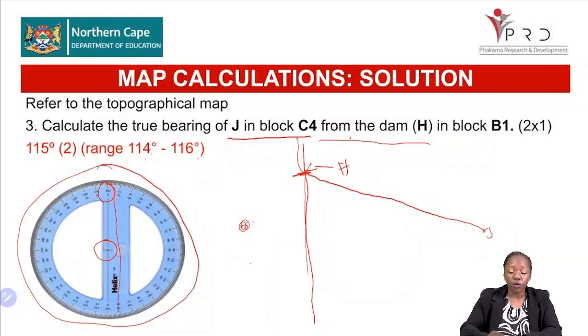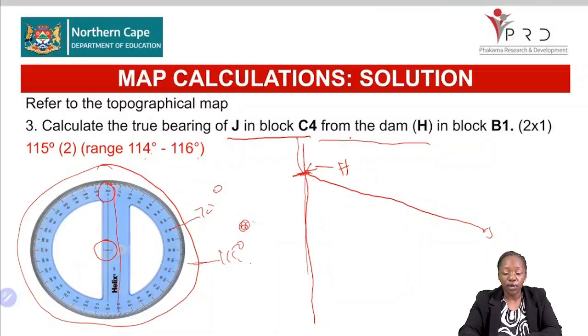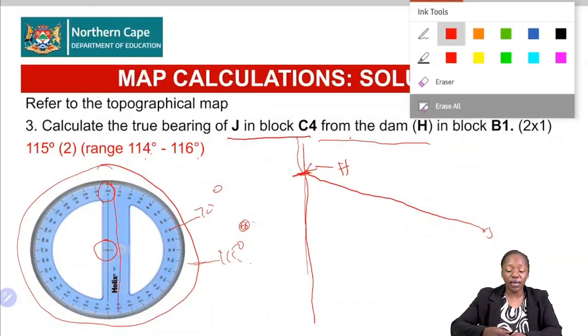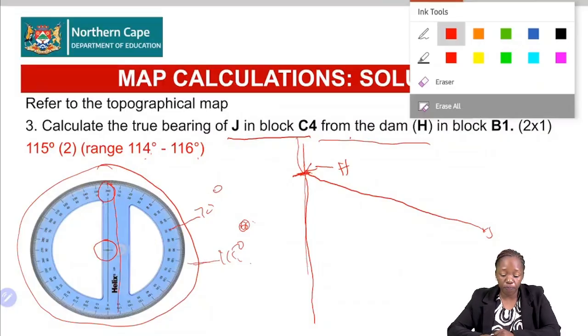And therefore, you just read what angle. So if it was here at 70, you say 70 degrees. So this one we are looking, it is 115, which means it was somewhere here. Hence, we get our angle as 115 or 114 to 116. Again, you will be given a difference of 3.